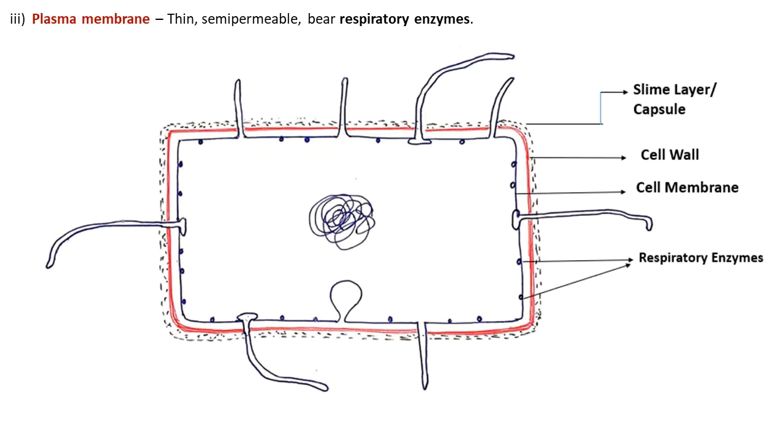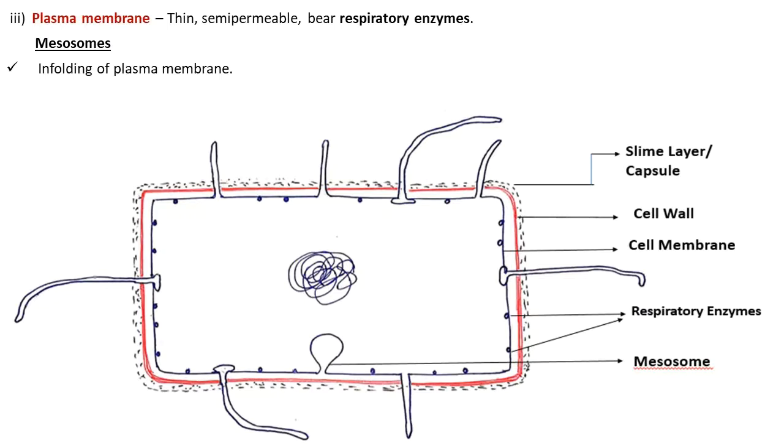Still continuous with this is the cell membrane or plasma membrane. The plasma membrane at a certain point shows an infold. The infold of the plasma membrane is called a mesosome.